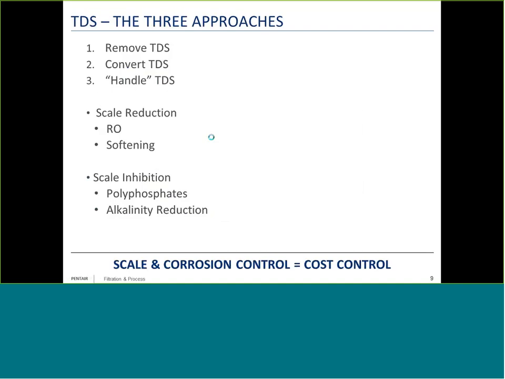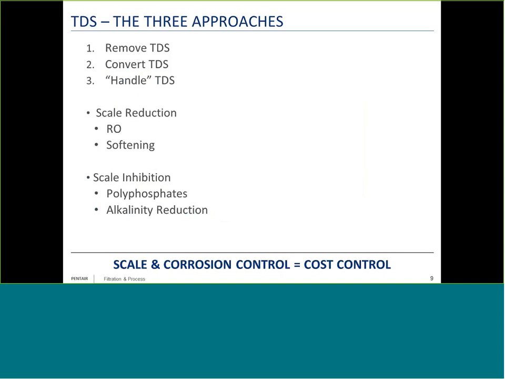When we handle TDS, there are three approaches to handling mineral content in water, and the first one is to remove TDS. And when we remove TDS, that has two approaches.